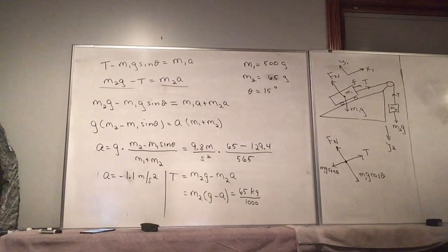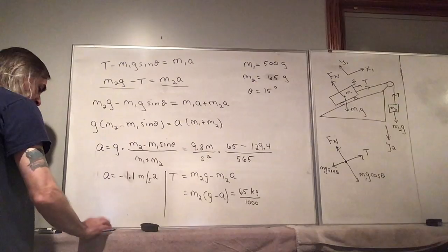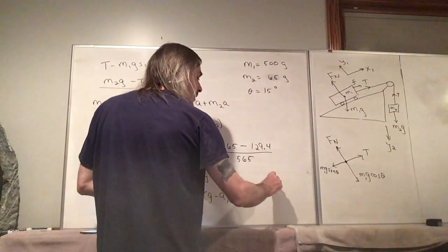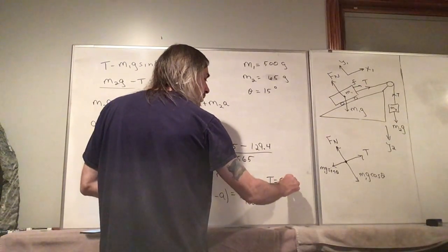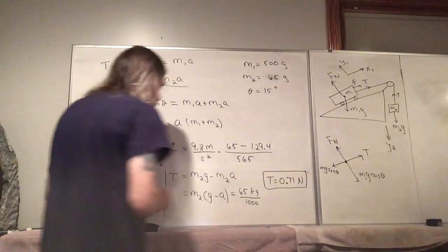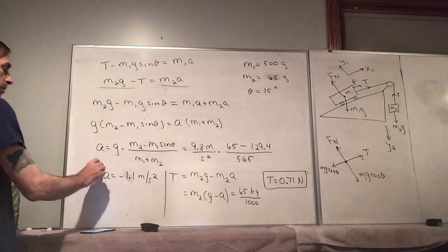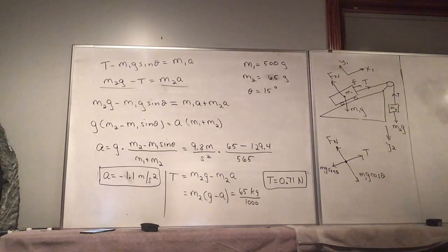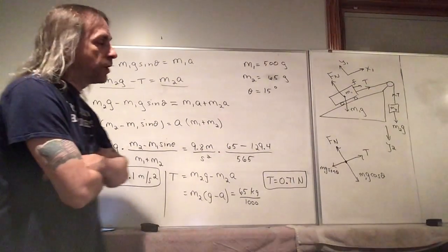So G minus A, that's 10.9 meters per second squared. And then times 65 is 709, or let's round that off to 710. But then we divide by 1,000. So the tension is 0.71 newtons. So here's the acceleration. Here is the tension. Okay, so that's how we do this problem without friction.